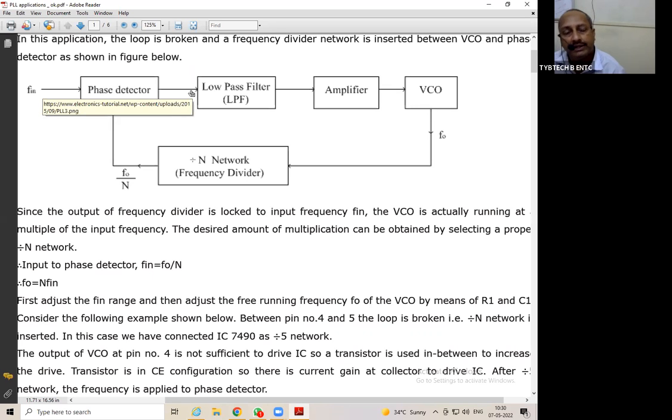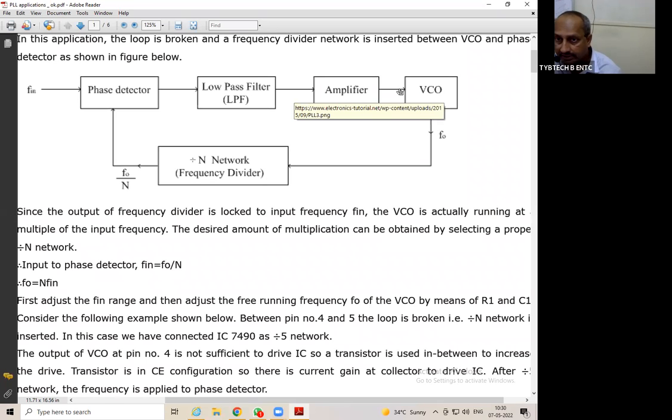Even though it is an error voltage, some signal will be there. The high frequency component is removed by the LPF, and this error signal is amplified by the amplifier and sent to the VCO. Depending on this error signal, the VCO changes its frequency.